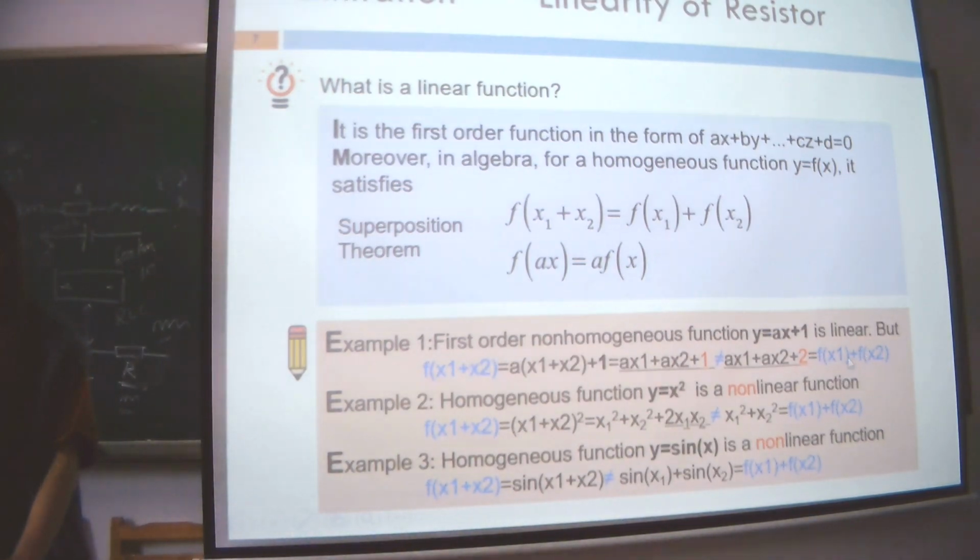This equation is not satisfied, so it's not linear. If we put x1 plus x2 inside, it must equal this one for the linear condition. For f of x1 plus f of x2, it is ax1 plus 1 and ax2 plus 1. So it's not equivalent, so it's not satisfied. So it's not linear.